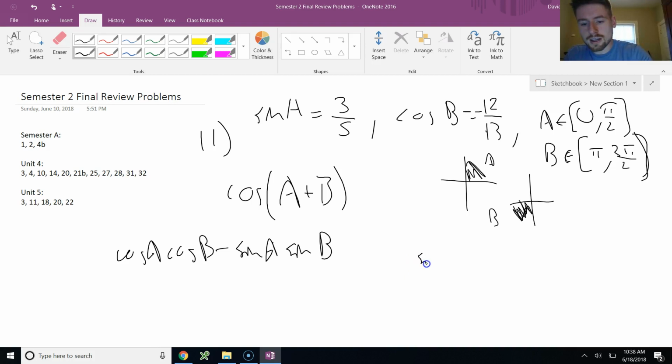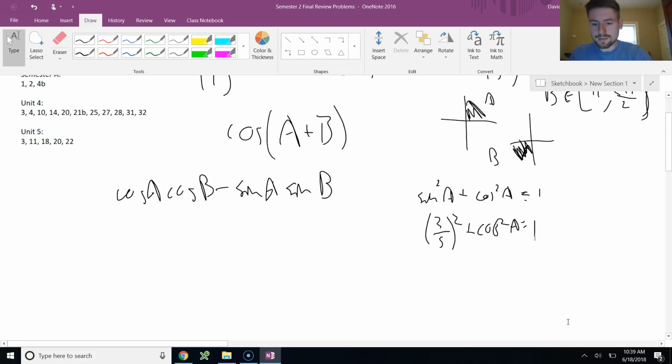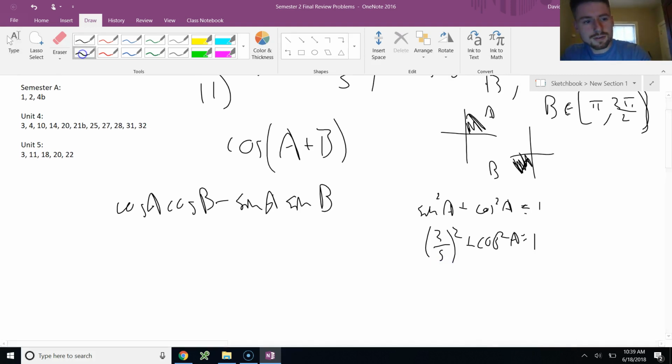So we know that sine squared A plus cosine squared A is equal to 1. And we know this is equal to 3/5 squared plus cosine squared A equals 1. So 9 over 25 plus cosine squared A equals 1. That tells us cosine squared A is equal to 25 minus 9, which is 16/25.